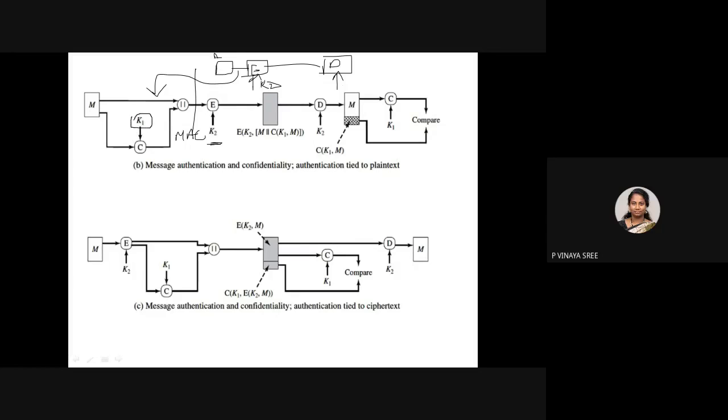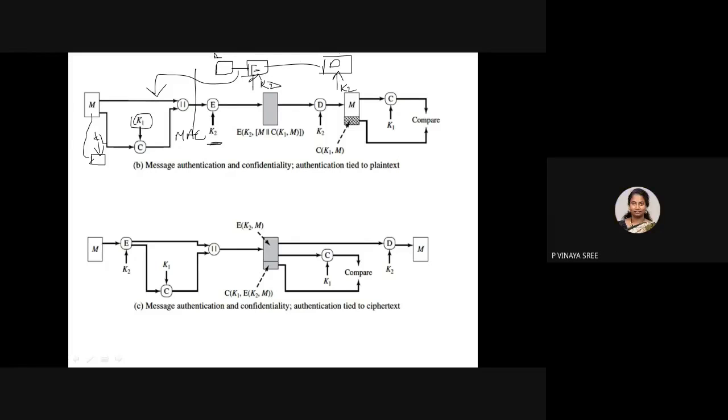So what will the receiver do? The receiver will take the same message and send it to the MAC function by applying K1. This is a separate case. But the encryption is done with symmetric key K2, so it has to be decrypted with symmetric key K2. Yes, good.